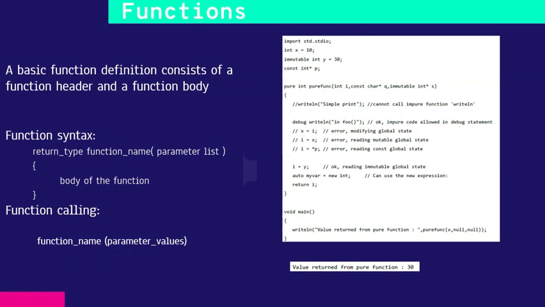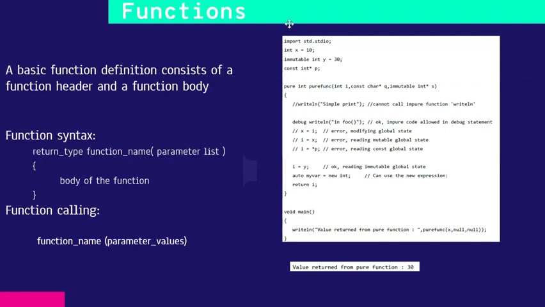The flexibility in the D language, there are so many types of functions. We will try to cover a few of them. Here there is an example of a pure function. Why is it pure? Because there is a keyword pure before the declaration of this function.